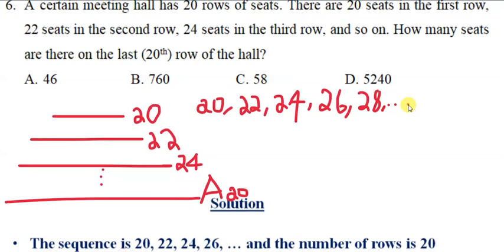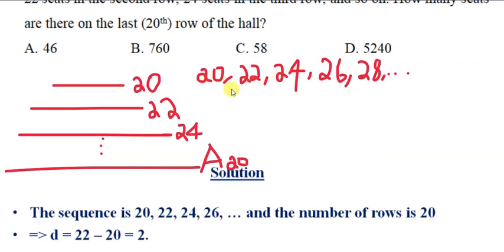Now here, remember, this is an arithmetic sequence with the first term a1 equal to 20 and the common difference d equal to 2. Therefore we apply the nth term, or the general term, of the arithmetic sequence.